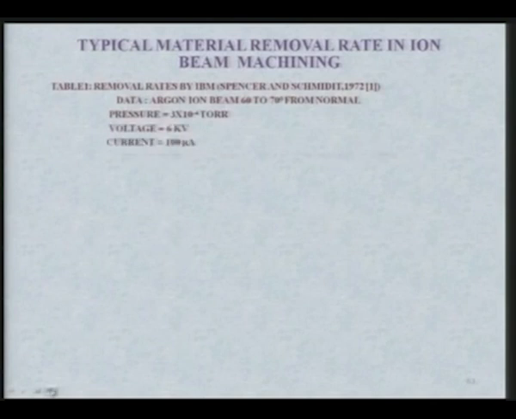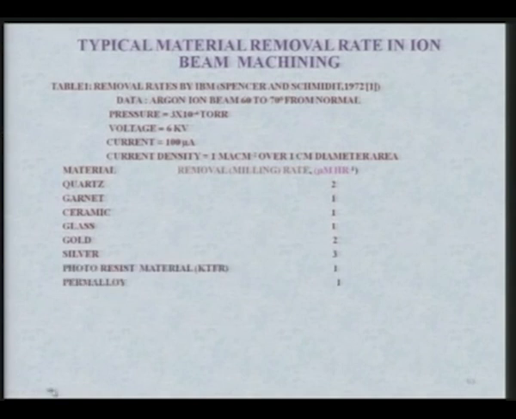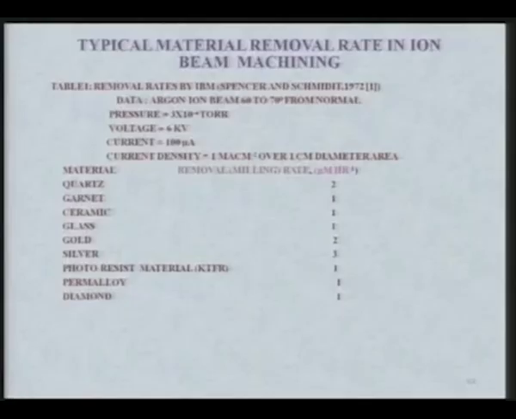Now, this table is very interesting to understand the limitation of focused ion beam machining, because this process cannot be used for large amount of material removal. As you can see here, various materials are given here, and removal rate is given in terms of micrometer per hour.